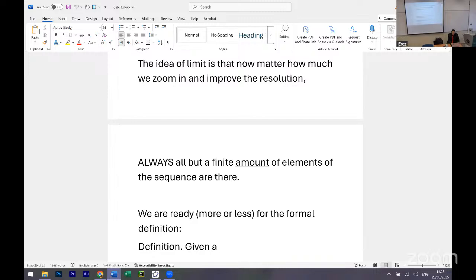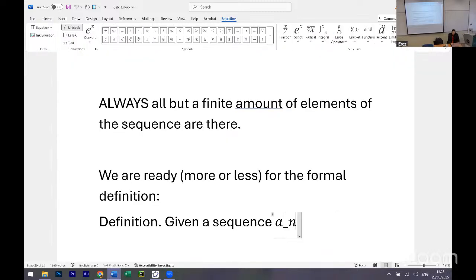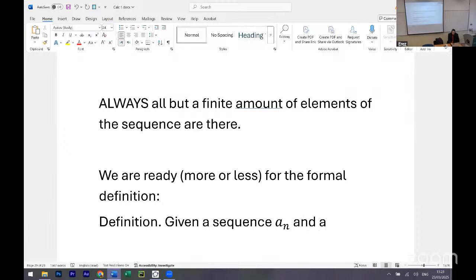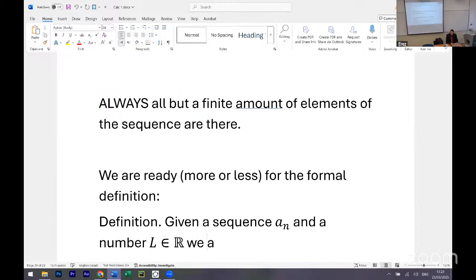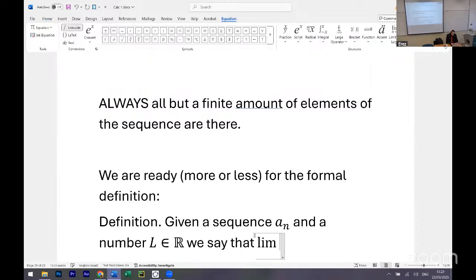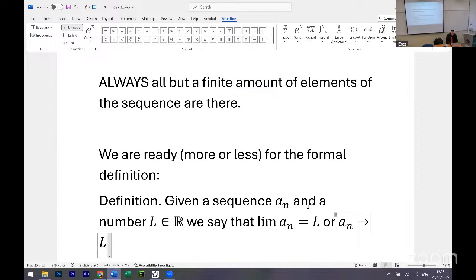Given a sequence and a number L, a real number L, which is supposed to be the limit, we say that the limit of a_n is L, or a_n tends to L.